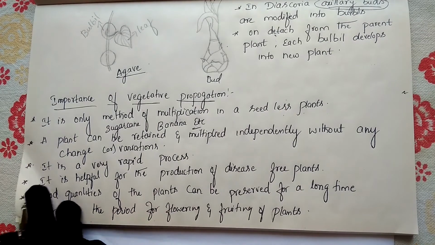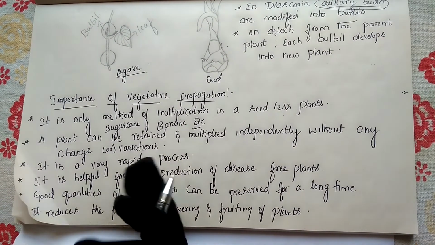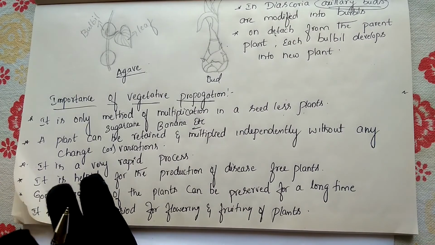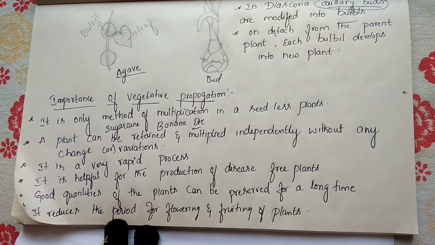As I showed just now, it is a very rapid process. So quickly it will undergo vegetative propagation and we will quickly get the offspring. That is the meaning here also.